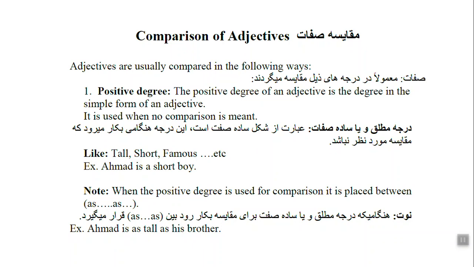Ahmad is short. In comparative, Ahmad is more beautiful than Bilal, or Bilal is more powerful than Ahmad. More powerful is comparative. In superlative, you compare a person, a place, or thing with a group of things.